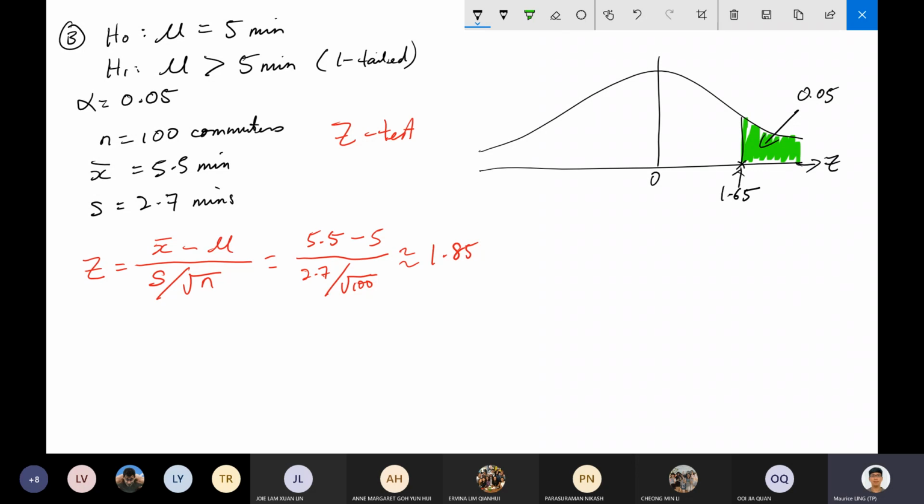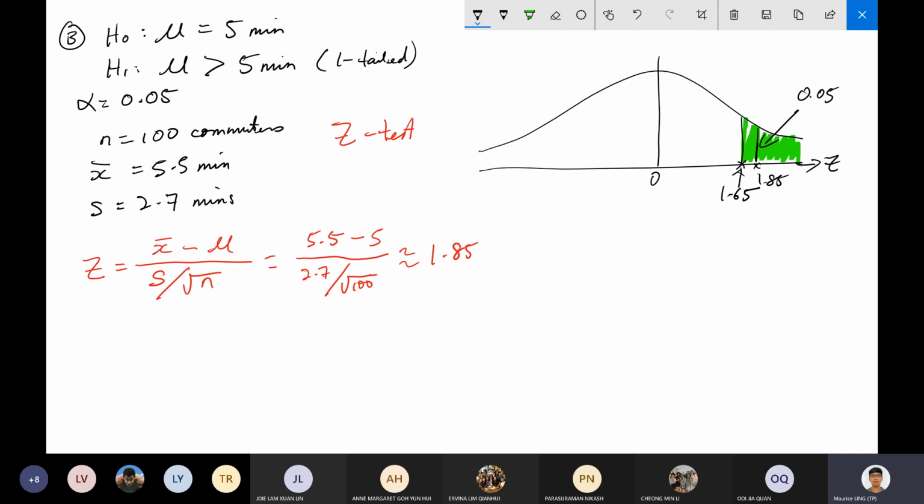So, do you accept or reject the null hypothesis? Is the z-score in the shaded region or the unshaded region? Shaded region, right? Your z-score is here, 1.85.